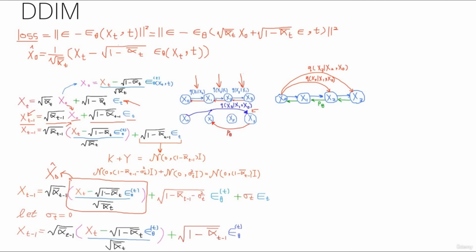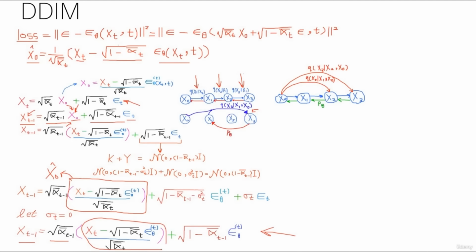So now, let's substitute the value of the predicted x0 in this place, and we will get the following formula here. Xt minus 1 will be equal to the square root of alpha bar t minus 1 times xt minus the square root of 1 minus alpha bar t times the predicted epsilon, like this, divided by the square root of alpha bar t, which is this thing here.